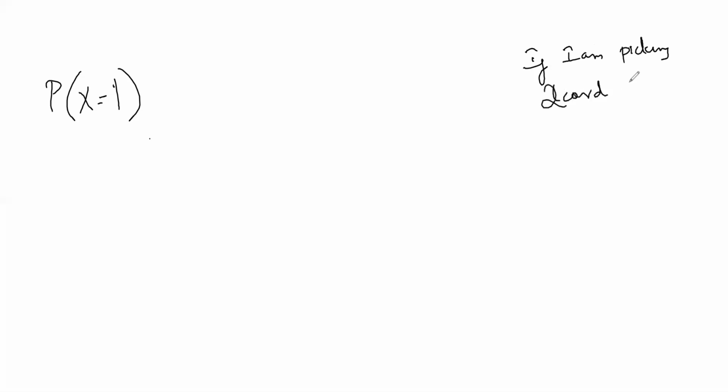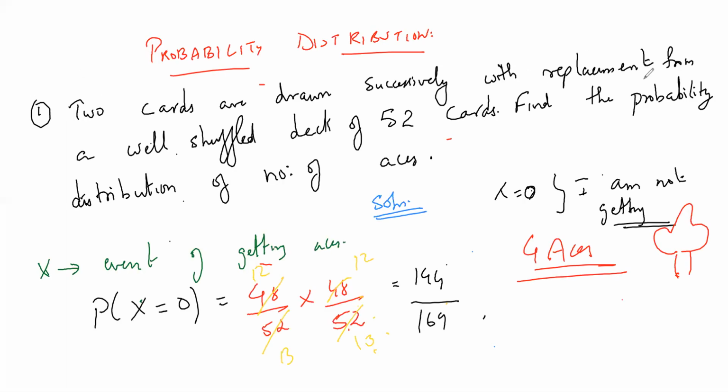Now in the second case, P of X is equal to 1, which means, if I'm writing down in words here, if I am picking one card or two cards, because here the question is what? Two cards are drawn successively with replacement.